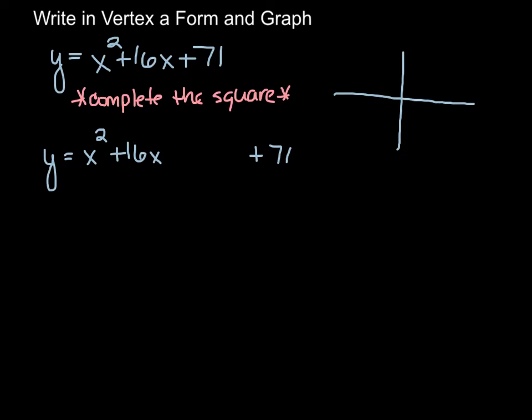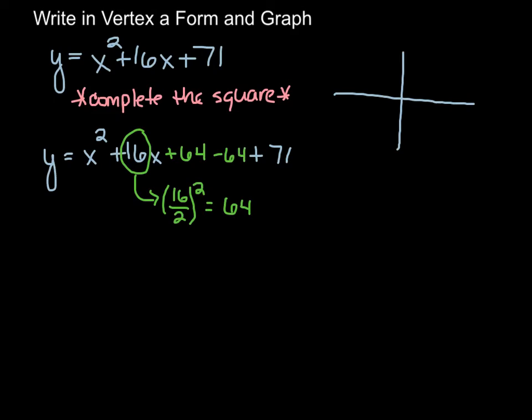So I'm going to say 16x, or 16 divided by 2 squared, which is 64. So I'm going to add 64 and subtract 64 at the same time. So now this is the same equation.